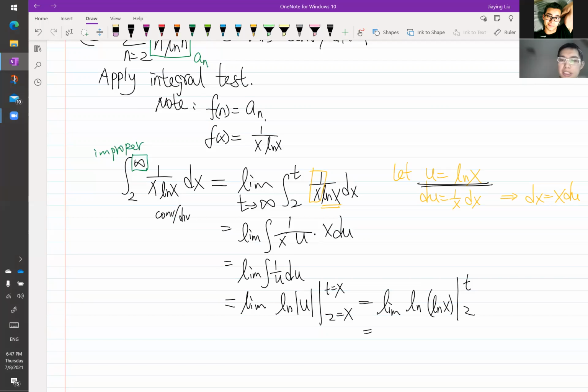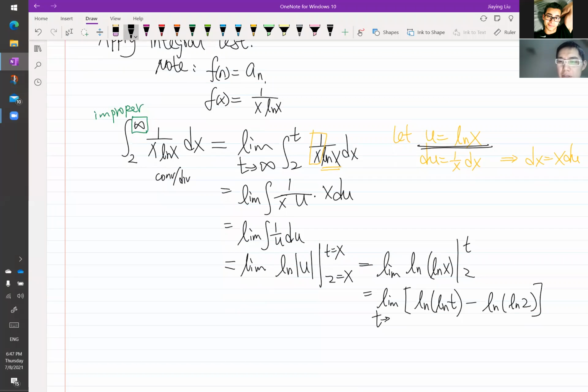And then the next step is to plug in those two boundary values. So I get natural log of natural log of t minus natural log of natural log of 2. I immediately know that's just going to be a number, right? It doesn't matter what it is, just a number.